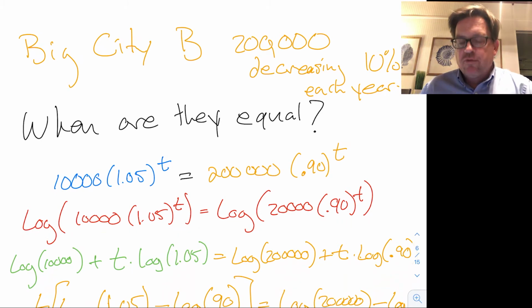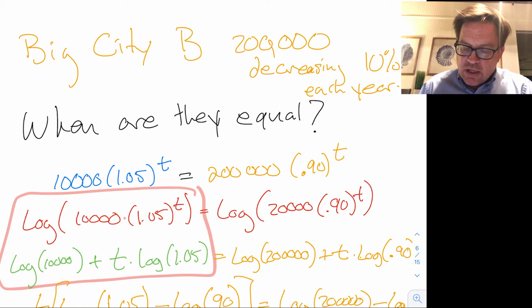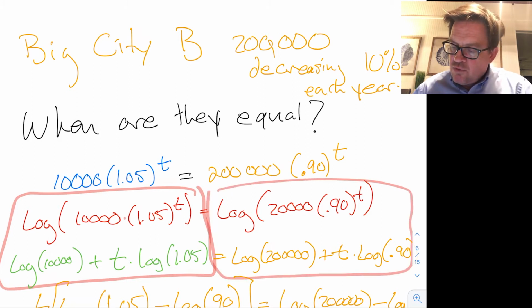And by the formulas for logarithms, you can look at this box. It's a product, so I can take the log of 1,000 plus the log of the second part. But that second part, I can bring the exponent down in front to the t in front. I can do a similar thing on the right-hand side for this and break apart the log of that 2,000 times 0.90 to the t.